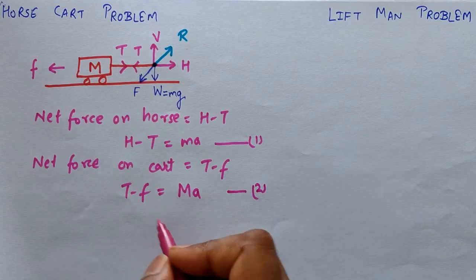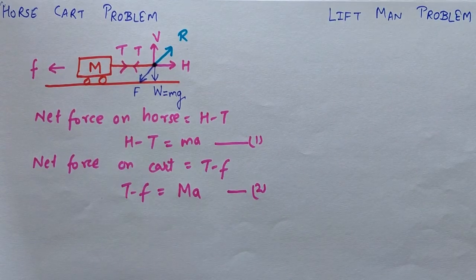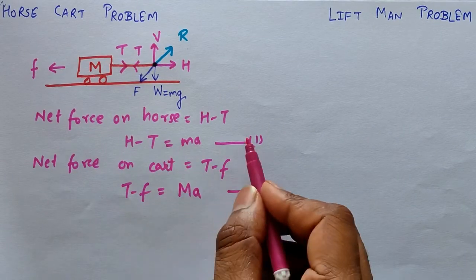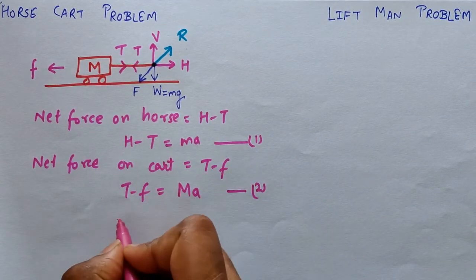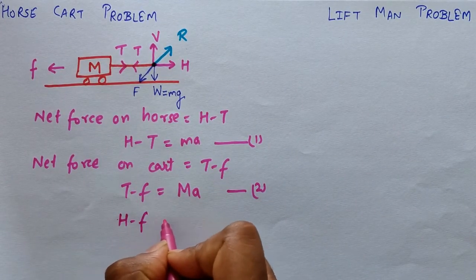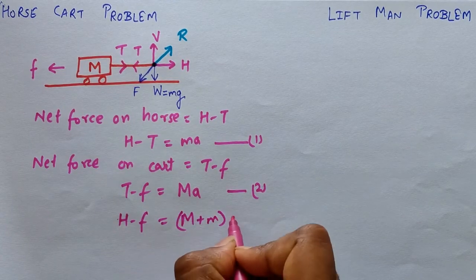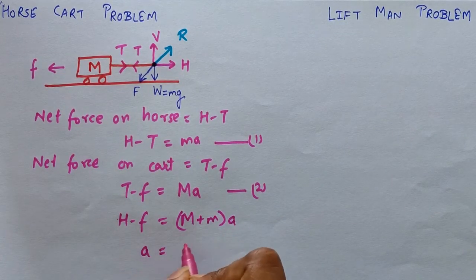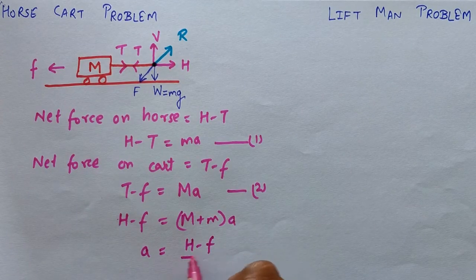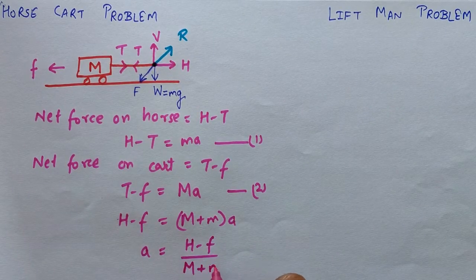Now adding both of these equations, equation 1 and equation 2, T will be cancelled out, and we will get H minus small f equals M plus small m multiplied by A, or acceleration will be equal to H minus f upon capital M plus small m.